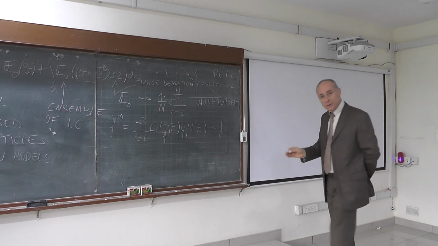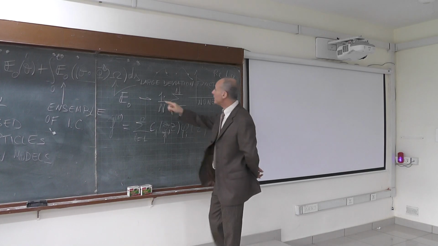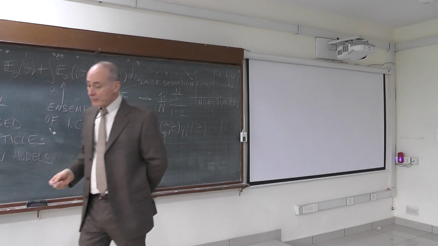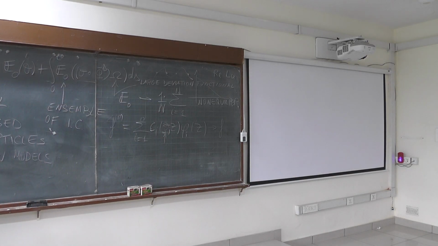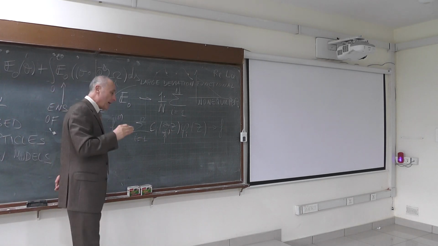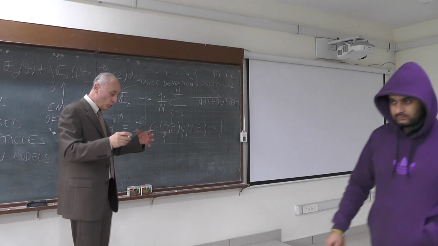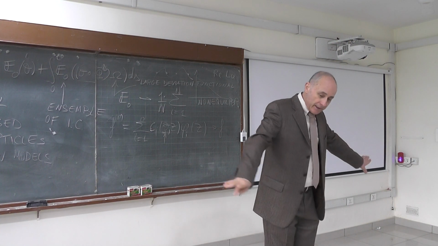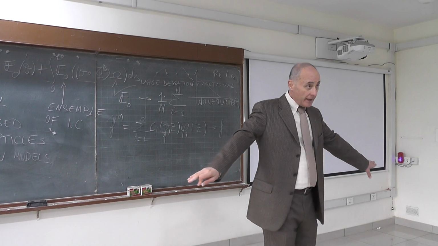I'm working with my people to show that this is a large deviation functional, which is the universal function that allows you to describe a probability distribution in its extreme events, in details.